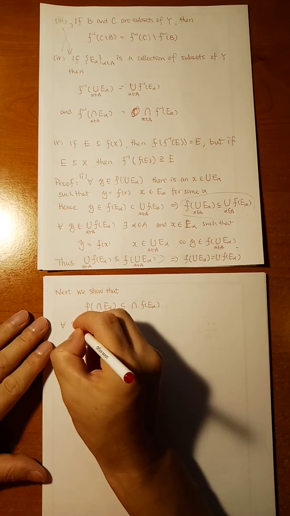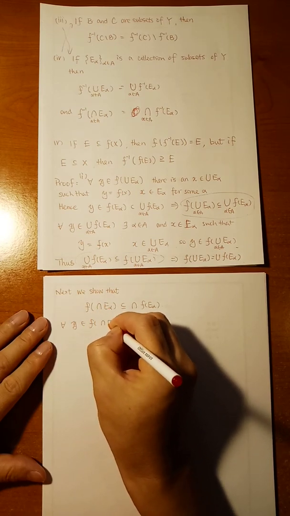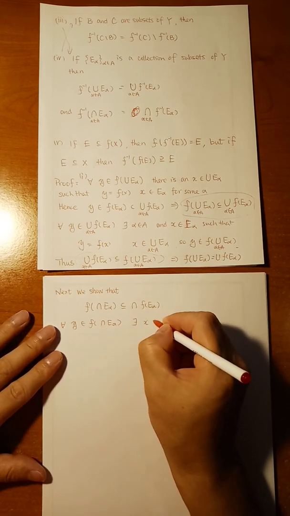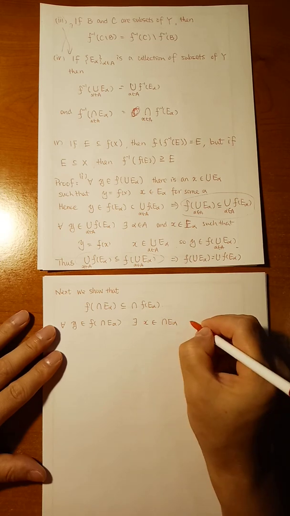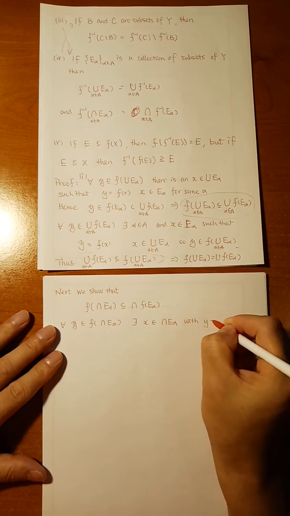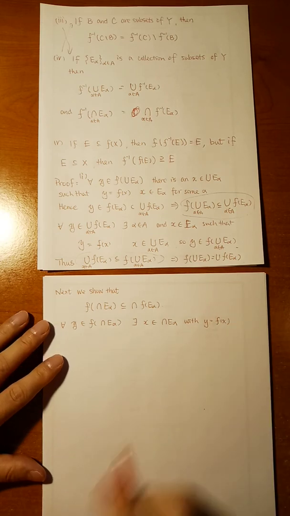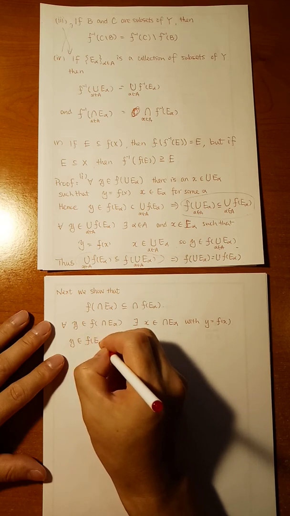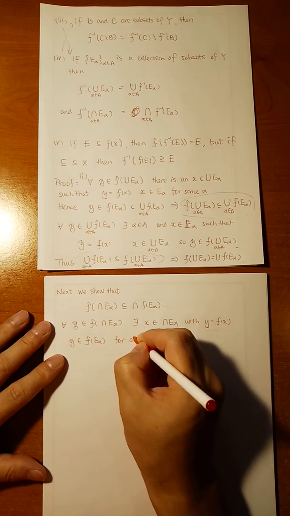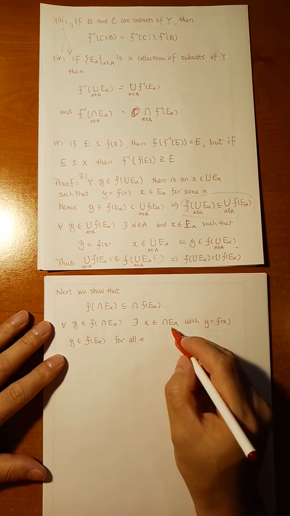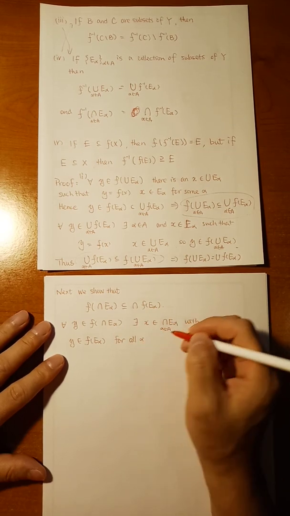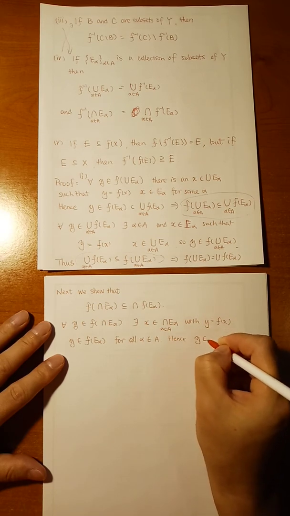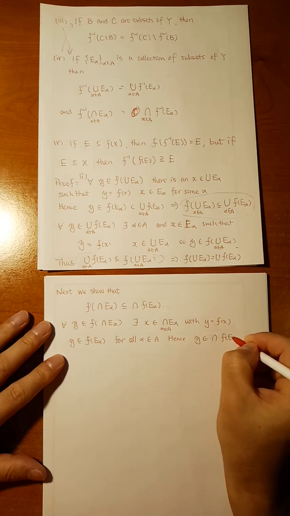For all y in f of the intersection of E alpha, this means there exists an x in the intersection of E alpha with y equal to f(x). x belongs to E alpha for all alpha, since it's in the intersection, so y belongs to f of E alpha for all alpha in A. Hence, y belongs to the intersection of f of E alpha.